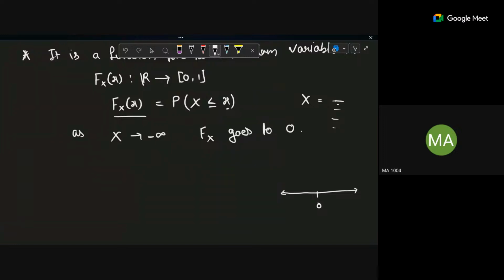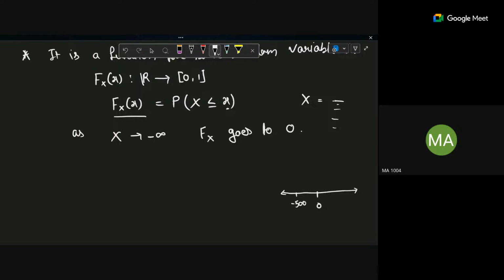For example, if you have performed some experiment and the range for the random variable is such that it starts taking values after negative 500.